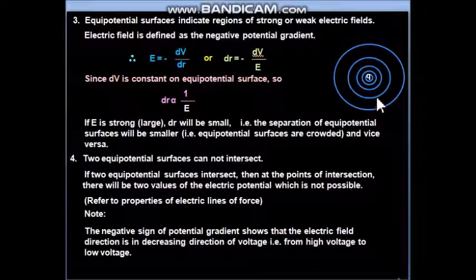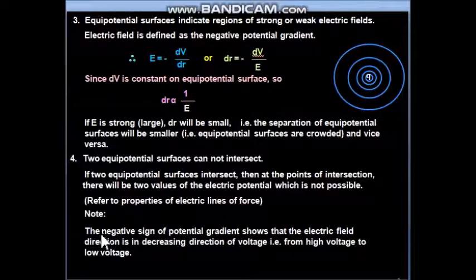Because if any two spheres intersect, at the point of intersection there will be two values of voltage, and that is not possible. At a single point, voltage can only be single. So that's why two EPS cannot intersect. This way the fourth property is very simple.